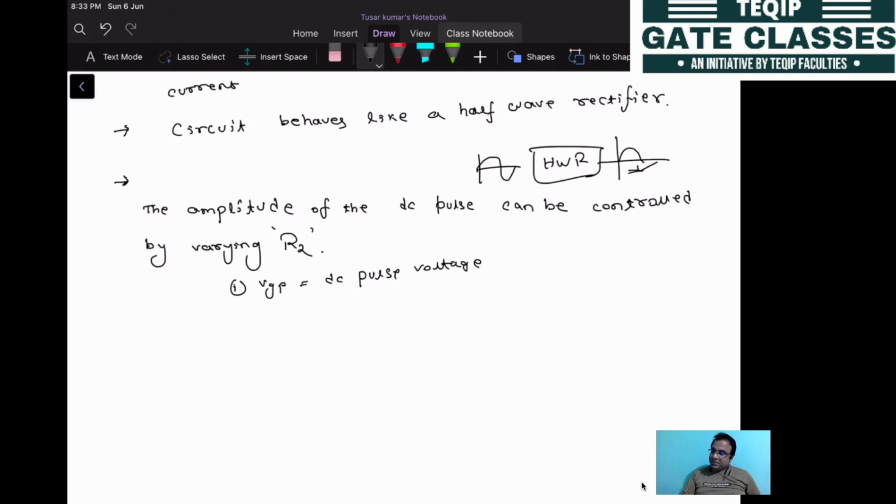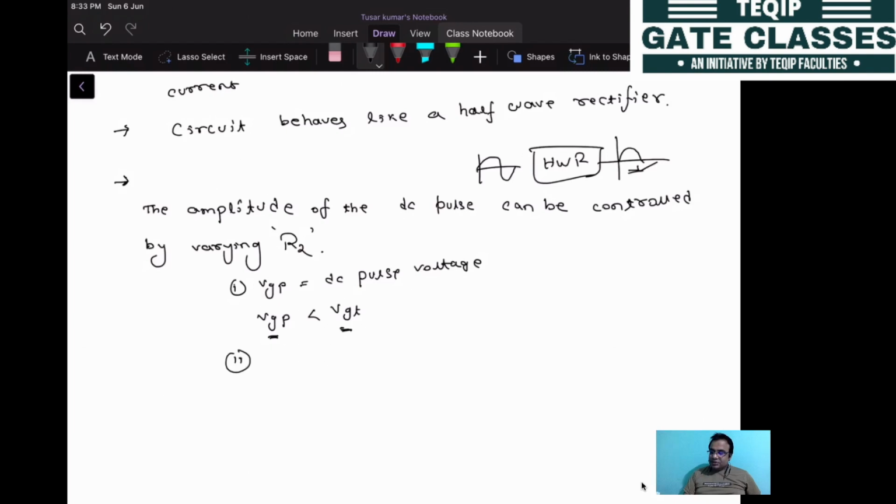So the first case is that VGP is less than VGT, the threshold value of the gate voltage. Unless this voltage reaches that voltage, the device will not be switched on. So we will see what happens during this case.